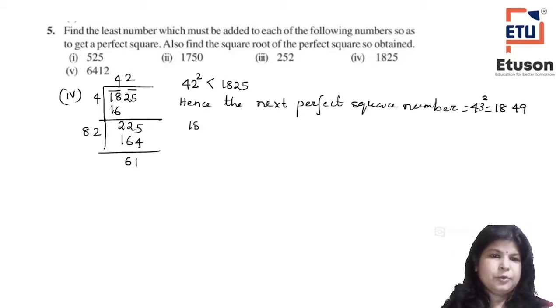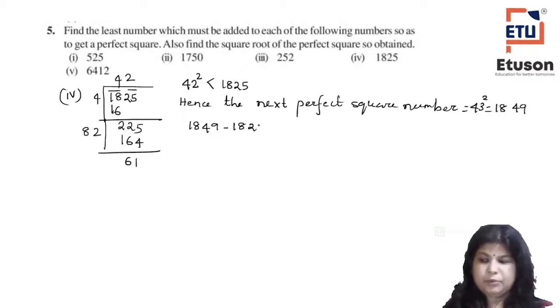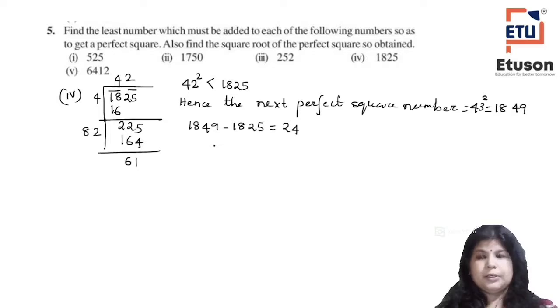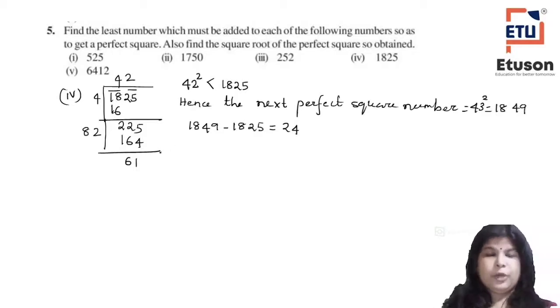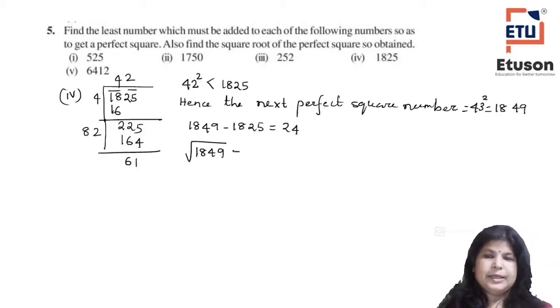So the number to be added is 1849 minus 1825, and the answer is 24. So after adding that number, what you will get? After adding 24, you will get 1849, and the square root of 1849 is nothing but equal to 43. Correct or not? Now let us go to the last bit, that is bit 5.